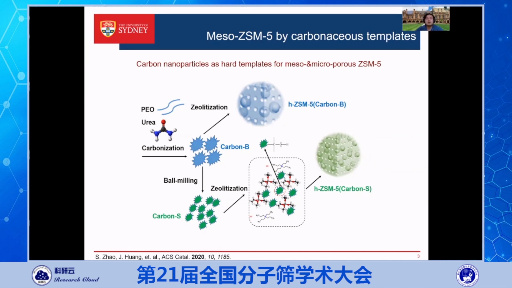So we are able to generate different mesoporous ZSM5 using different sizes of these carbon particles. We use a polymer and then carbonize it to produce the carbon particles. Then we do ball milling to generate small carbon particles. And then we use the two types of differently sized carbon nanoparticles for the synthesis of mesoporous ZSM5.